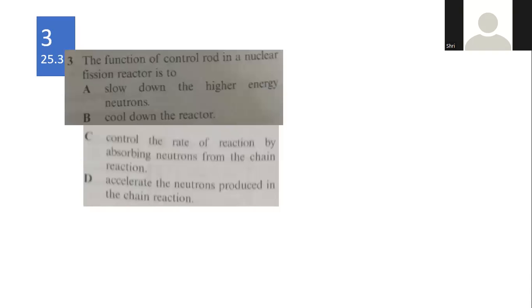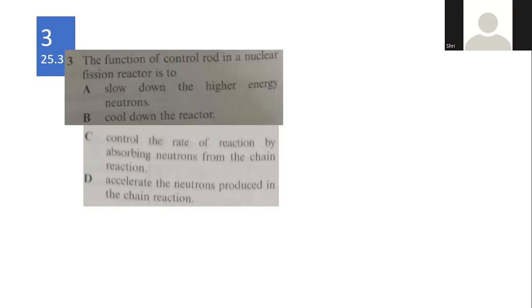Number 2, the nucleus of iron is more stable than the nucleus of bismuth. Which of the following is true of the stable nucleus? D, higher binding energy per nucleon. Okay, good. How about number 3?